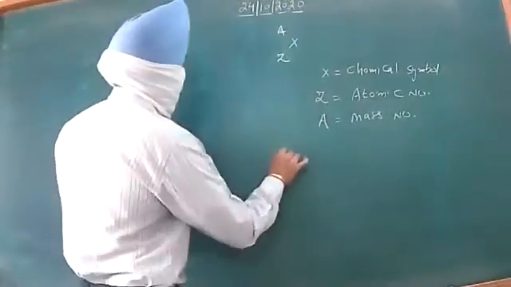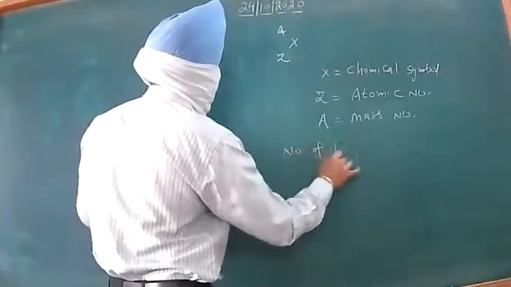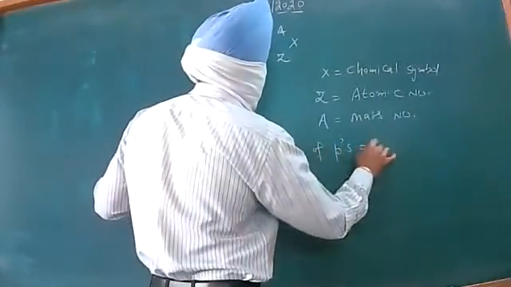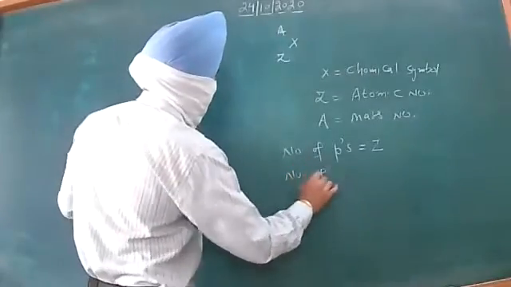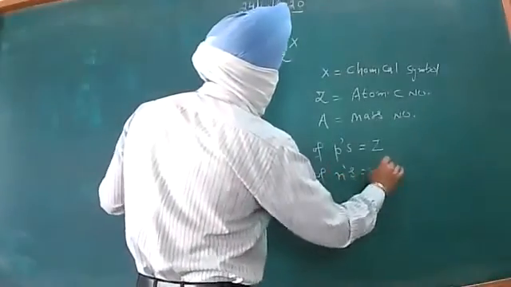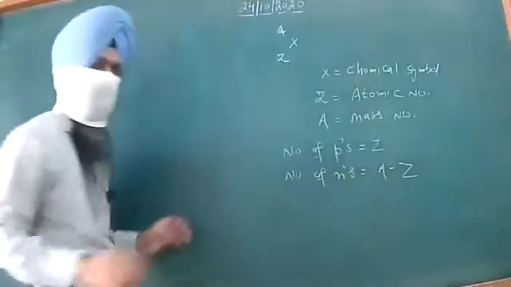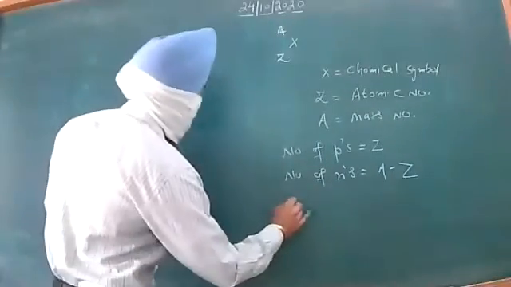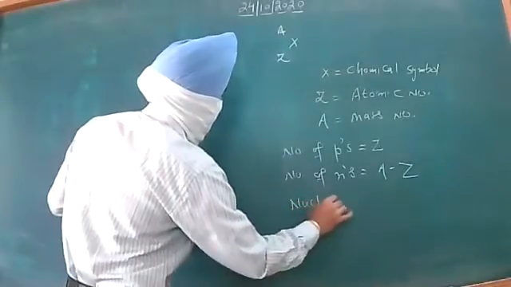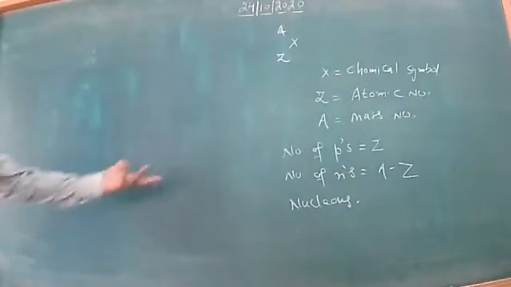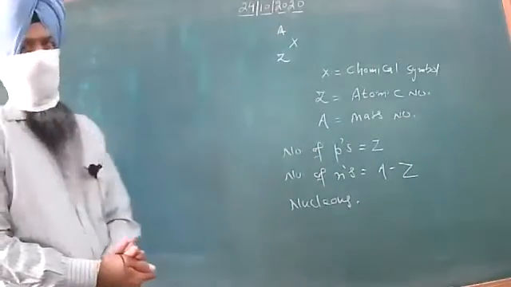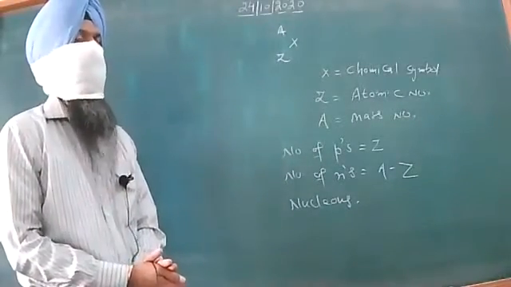Also, number of protons is equal to Z, and number of neutrons is equal to A minus Z. Collectively, these particles were called nucleons. And furthermore, we discussed the properties of proton as well as neutron.